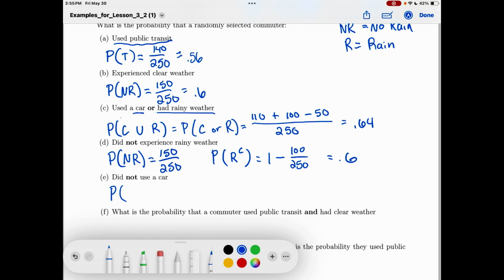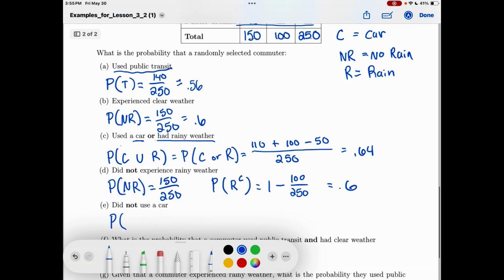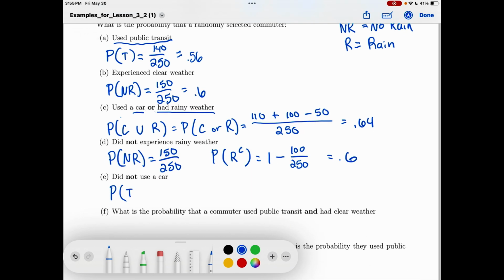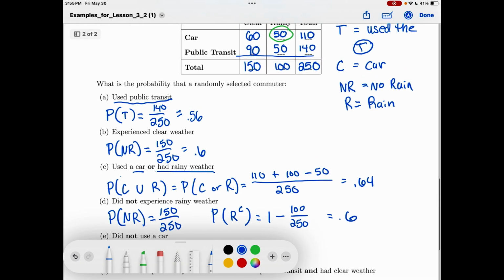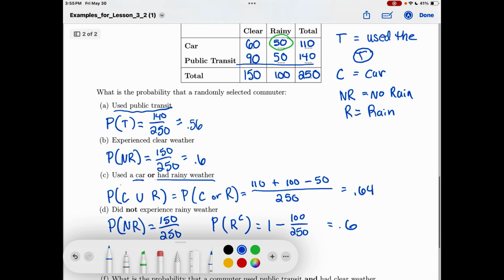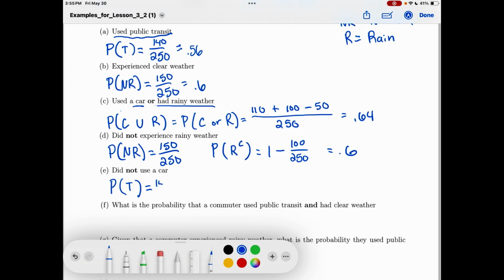Now, we could do the same thing for part E. We can find the number of people that used transit, which we call T. And the number of people that used the transit system was a total of 140 out of 250. Or the other way we could do it is use the complement.